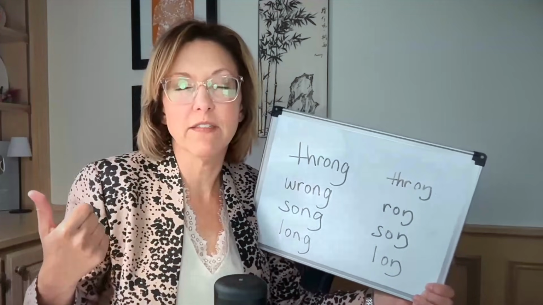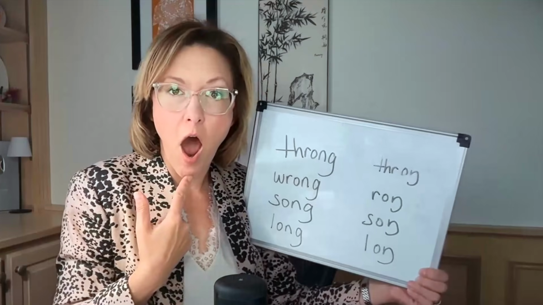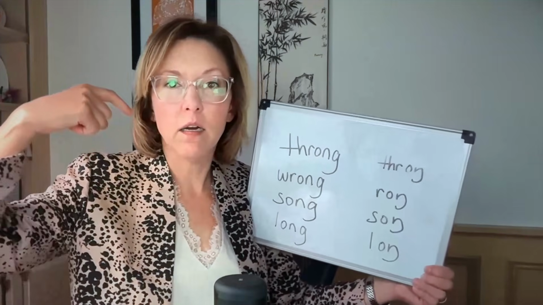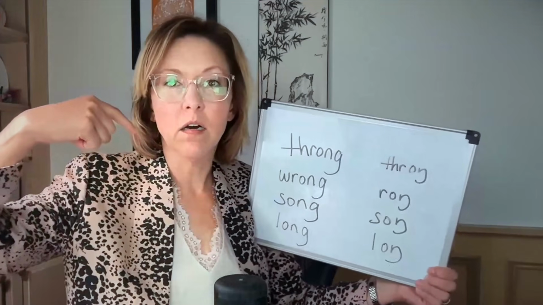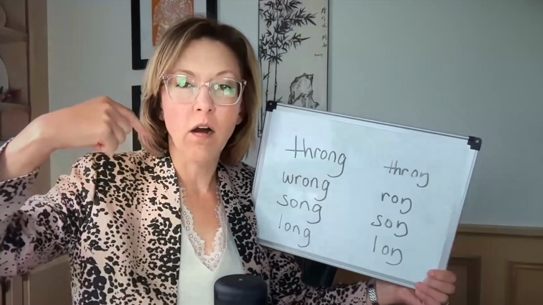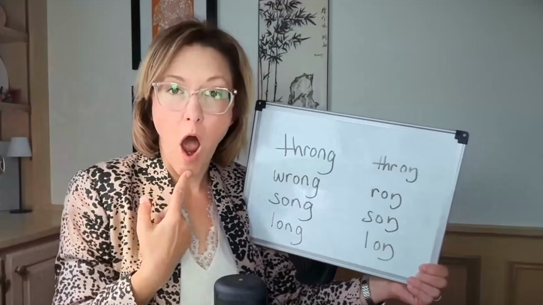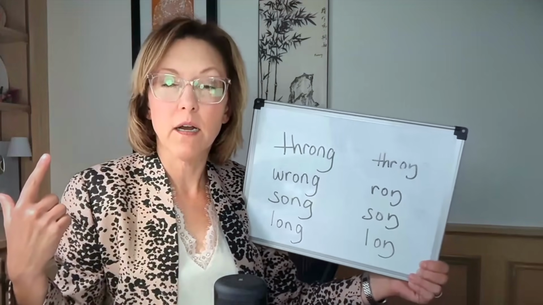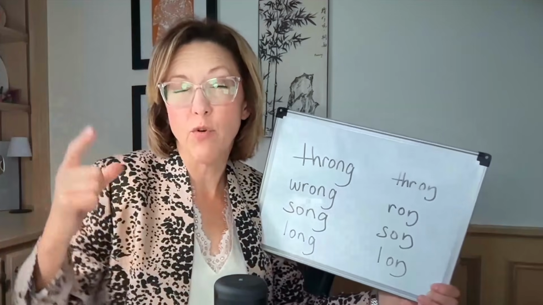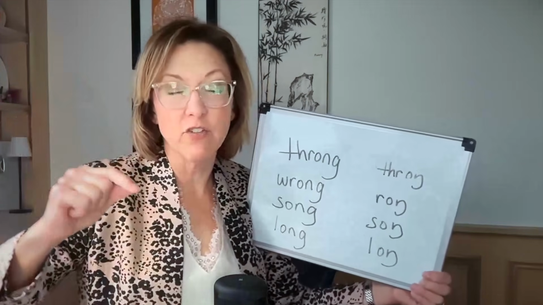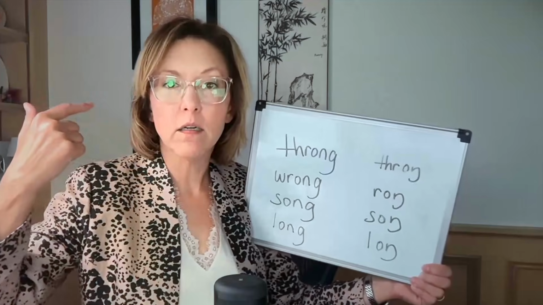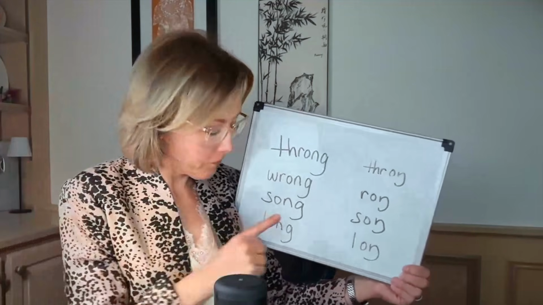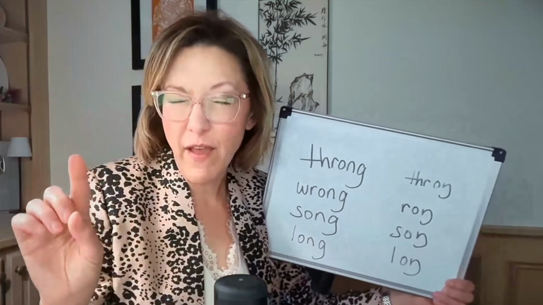So let's try the sound number one. Ong, ong. So we have the vowel ah, and then the NG. And then when we put those all together, we're just going to move slightly from that ah to the NG. Ong, ong, ong.